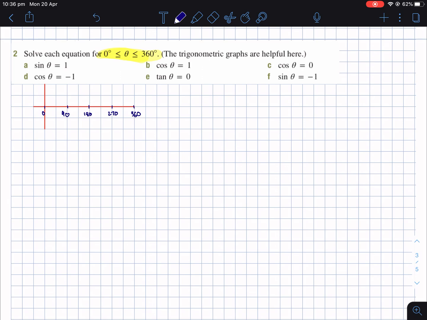Sine always starts at 0, goes up to 1, and down, like it goes up and down and up. Sorry, it goes up and down and up. So that's sine theta.